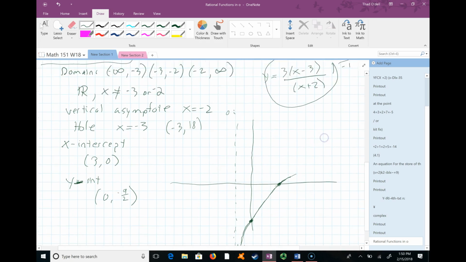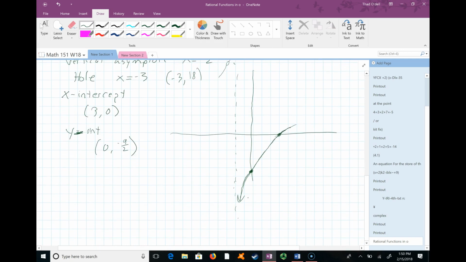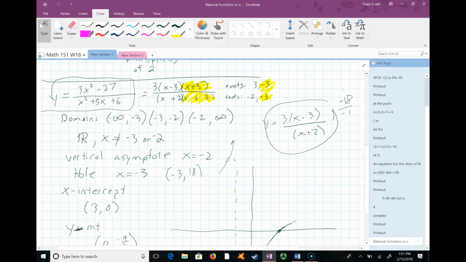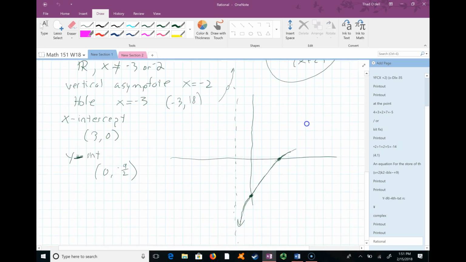The graph does go up to the hole and just skips over it, so it would have to be up here because of the hole. But it also has to be up there because I'm down here on the other side. And the behavior on either side of the asymptote has to be different because the multiplicity of -2 is just 1.